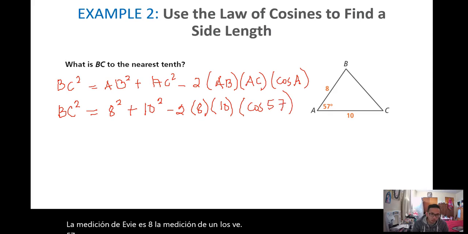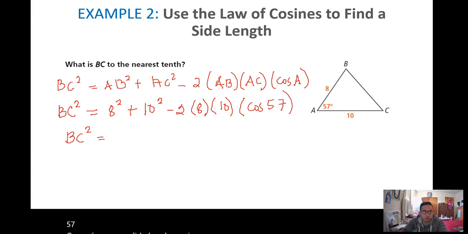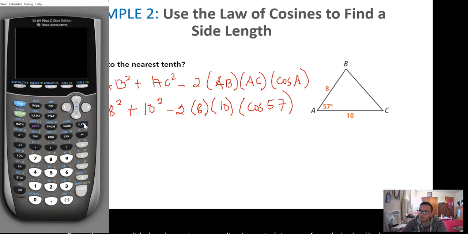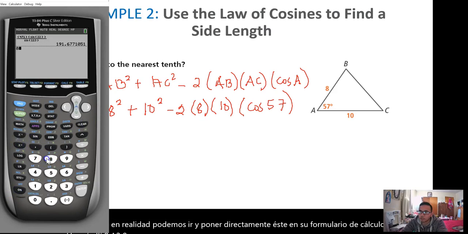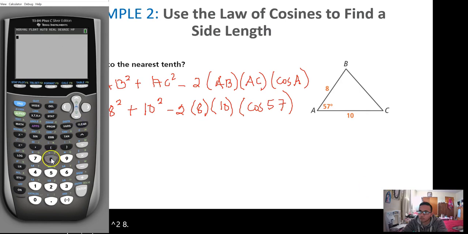Okay, so actually we can directly put this in your calculator. 8 squared plus 10 squared, and then minus 2 times 8 times 10, and then times cosine 57.